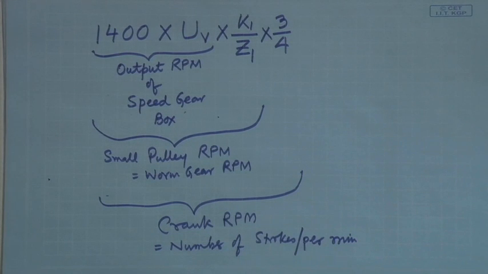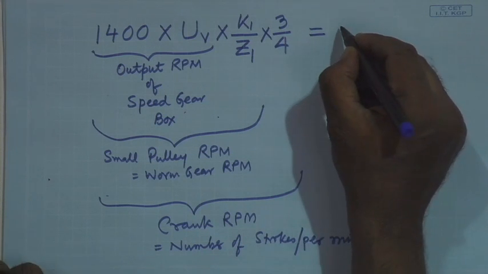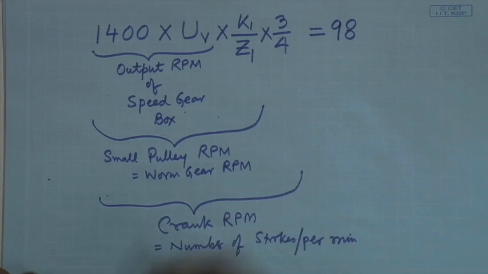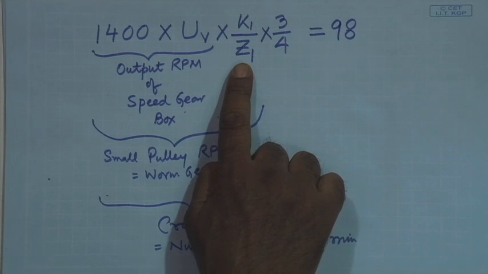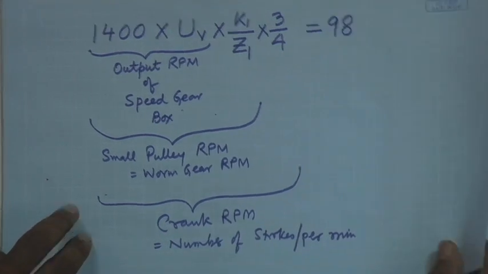So, we have found out the number of strokes per minute, and we equate this to the number of strokes which is required, and it said 98 should be the number of strokes per minute. That is it. Now, we can solve for uv, but K1 by Z1 is in variable form. So, we have to replace this by its value.